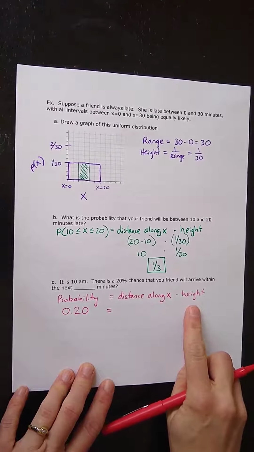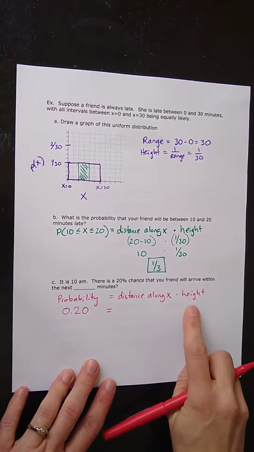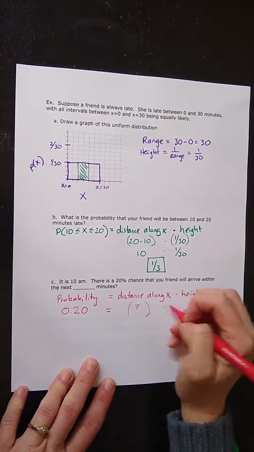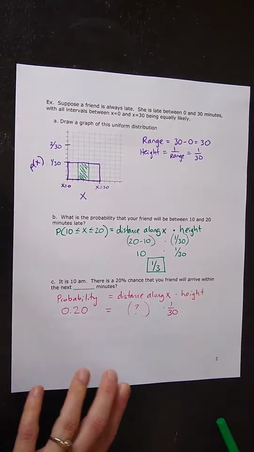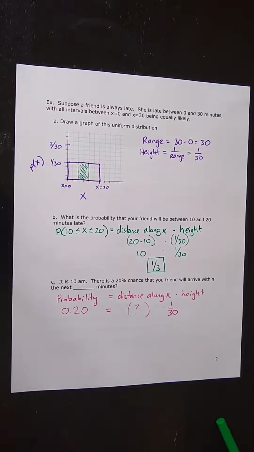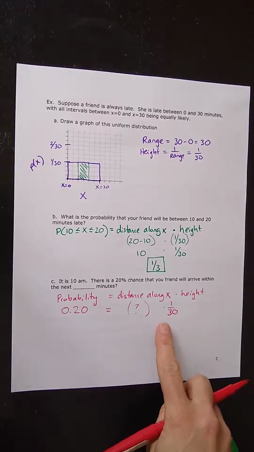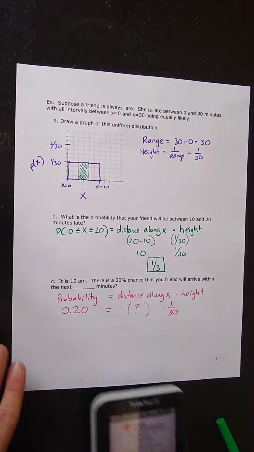But this is the same probability distribution for this whole page, so I do know the height is still 1/30th. This is question mark times 1/30th. So this is actually a little equation we can solve. We can multiply both sides by 30 or divide both sides by 1/30th.